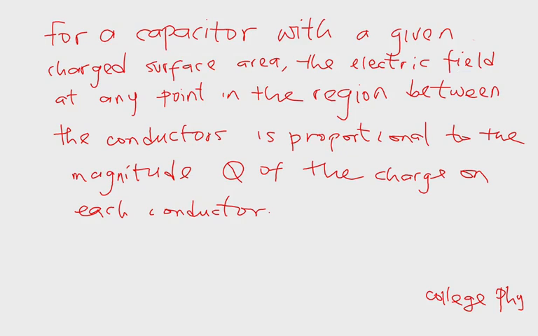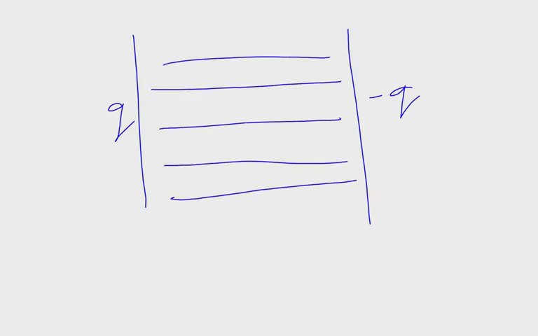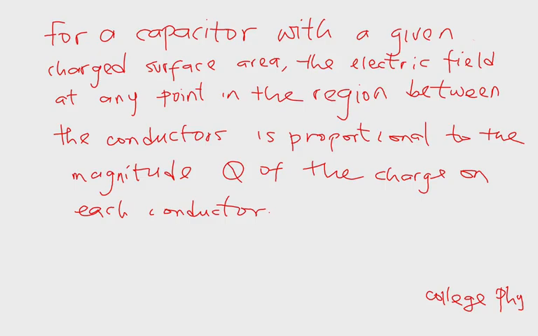Now if you look at this, let's assume we have these as conductors. Charge Q, charge minus Q. There's going to be an electric field in between them.